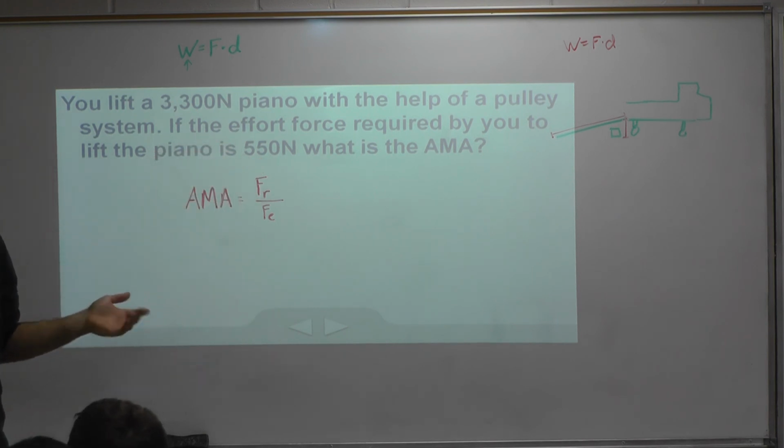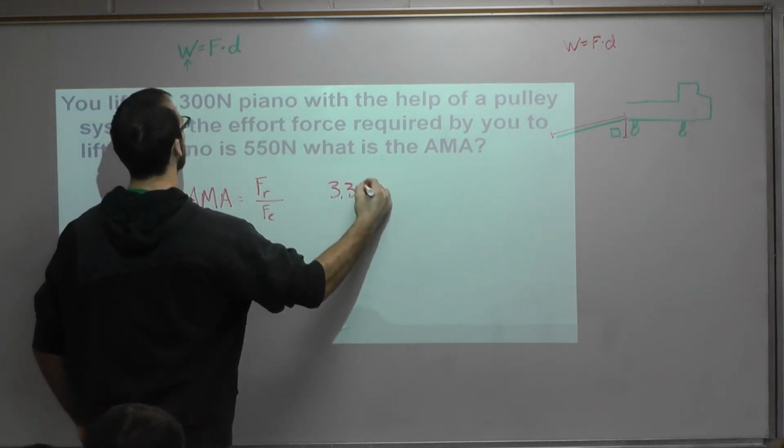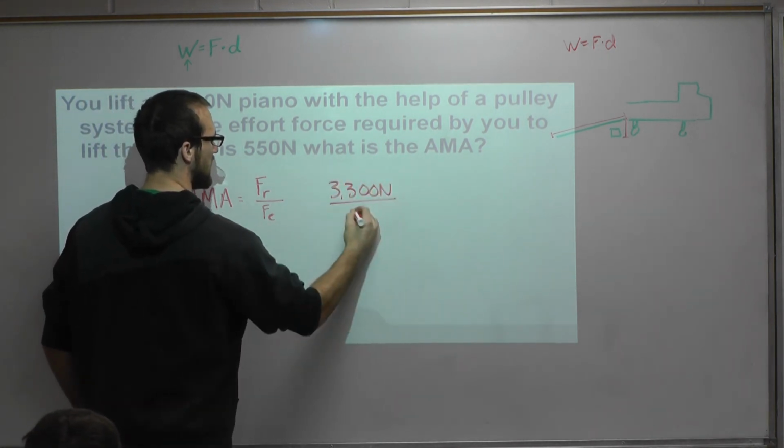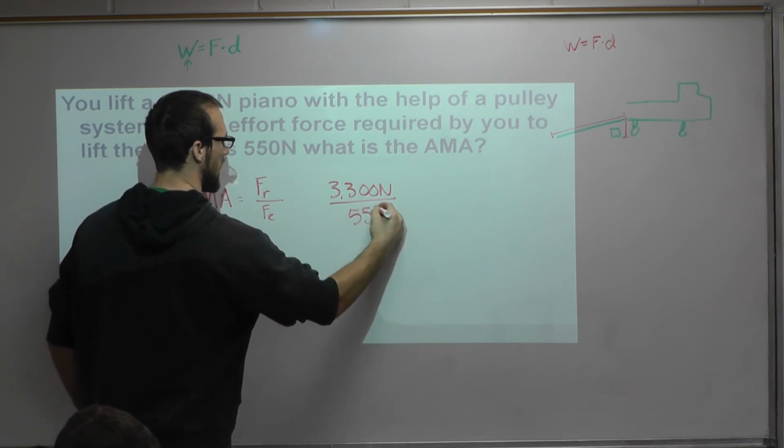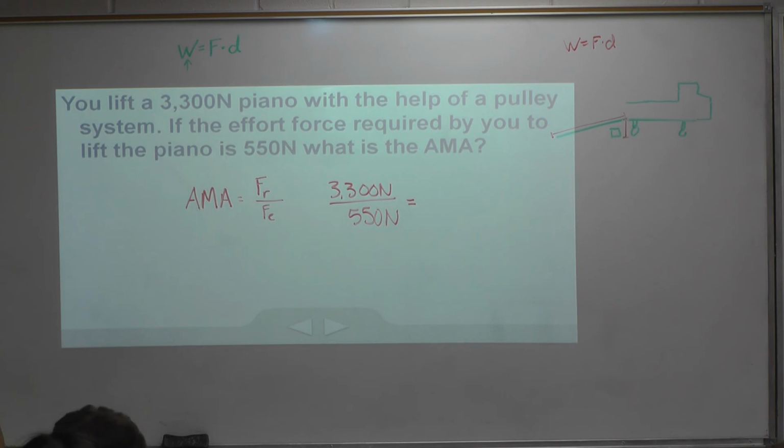So that helps. Okay? So we've got 3,300 newtons divided by the amount you put in. What is your mechanical advantage? 6. So what does 6 mean? 6 times easier. Or 6 times less work.